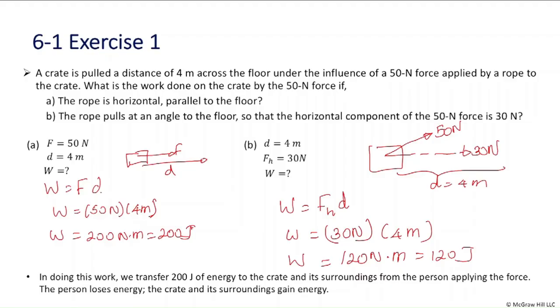And remember, whenever we calculate work, we always use the component of the force in the direction of motion. So in this case, that's the horizontal component of the applied force. So the key takeaway here is that the direction of the force matters. Only the component along the displacement contributes to work.